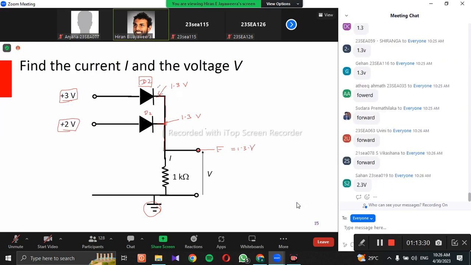If this is forward bias, the expected voltage over here is 3 volts minus 0.7, which is 2.3 volts. Is it clear? Now there is a conflict, right? One analysis says it should be 2.3 volts, and another analysis says it's 1.3 volts.